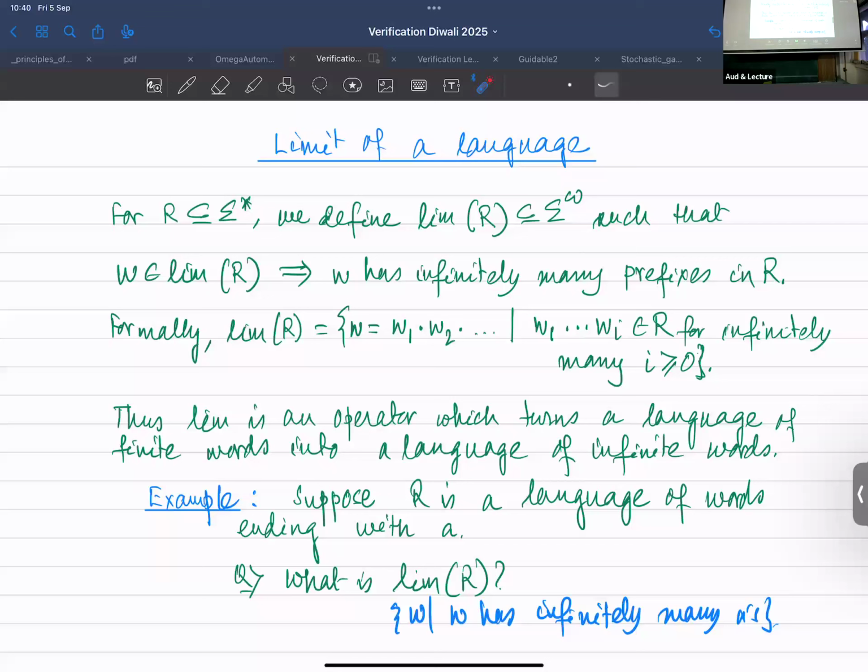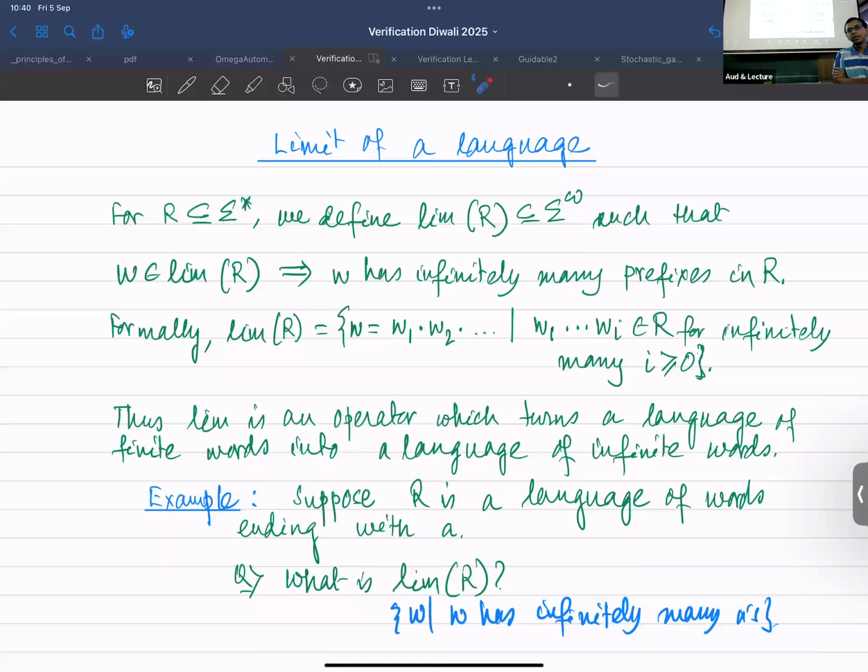I'm not sure if this is correct, but suppose R is regular, then we have a DFA for R, and then we could go from the final state to the initial state. Yeah, you are thinking in the right direction.